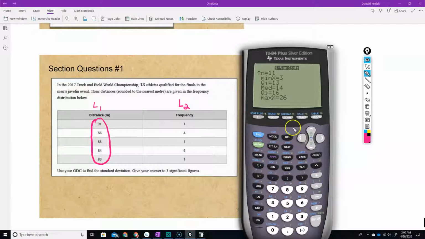So we just go to stat, and edit. Okay, to clear a list, if you just go to the top, highlight the list and hit clear, okay, it'll clear your list.